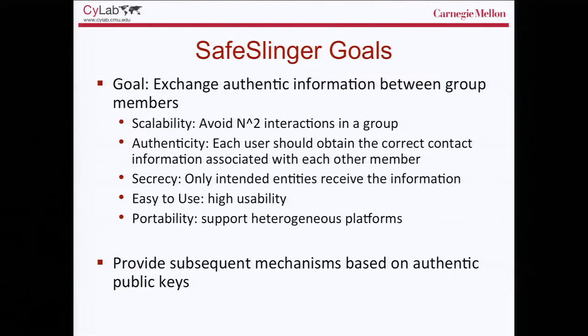If it's the internet, if it's Bluetooth, whatever it is. We want it to be easy to use. We want to reduce that learning curve that we might have using PGP. We want portability. We want heterogeneous platforms, right? The same application on the Android should run on the iPhone.